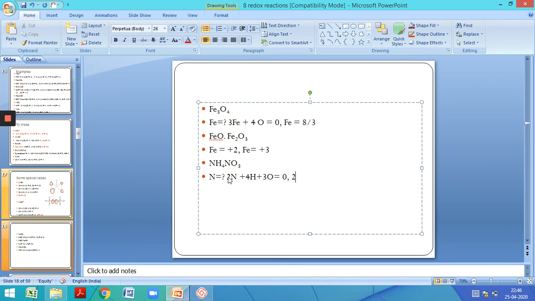So the oxidation number of 2 nitrogen is equal to, okay, we'll just calculate here, minus 4 because each of the hydrogen is +1, and +6 since each oxygen is -2. So 2N is equal to +2 and N is equal to +1.